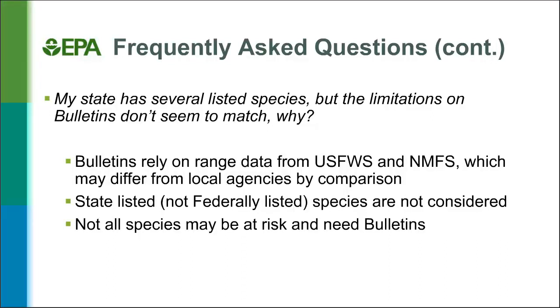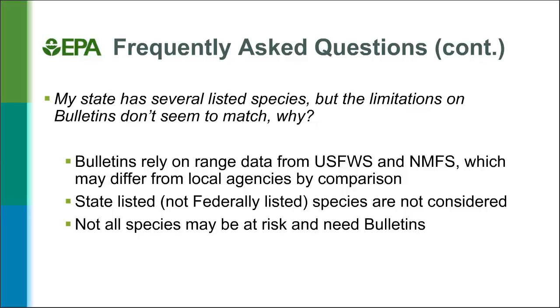My state has several listed species, but the limitations on bulletins don't seem to match. Why? Bulletins rely on range data from U.S. Fish and Wildlife Service and National Marine Fisheries Service, which may differ from local agencies by comparison. If you recall earlier in the presentation, we talked about the species range data as the data of record coming from the action agencies.